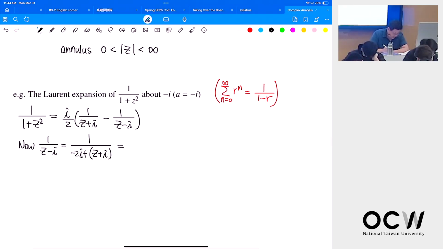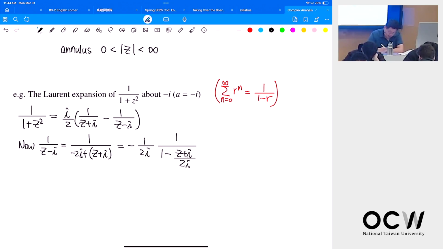And for this part, you have minus 1 over 2I, and then 1 divided by 1 minus the ratio, z plus I divided by 2I.